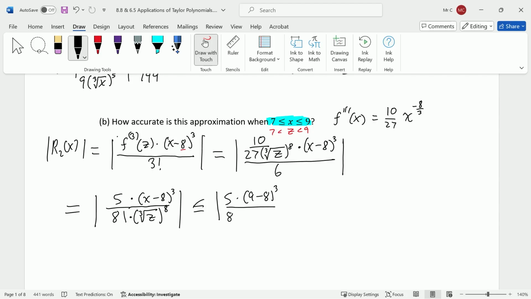And then we'll still write over 81 times the cubed root of z to the 8th power. 9 minus 8 is 1, 1 cubed is 1. So this all boils down to 5 over 81 times the cubed root of z to the 8th power. And I could drop the absolute value there because the cubed root of z to the 8th power will be positive.